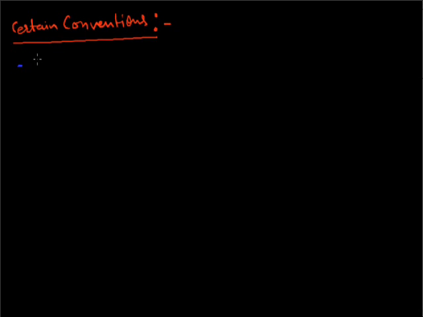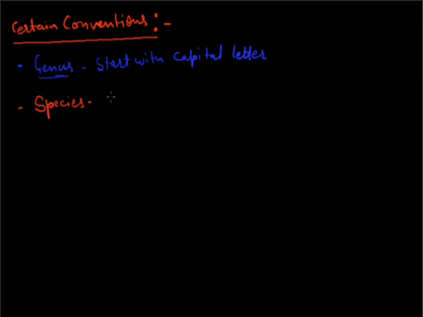First, the first word, the genus, starts with a capital letter. In any scientific name, the first letter is a capital letter and the first word is related with genus. Now, in the case of the second word, the species, it starts with a small letter.